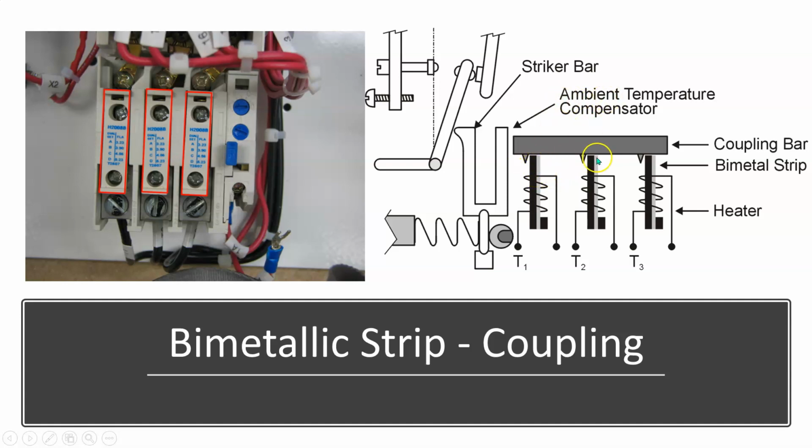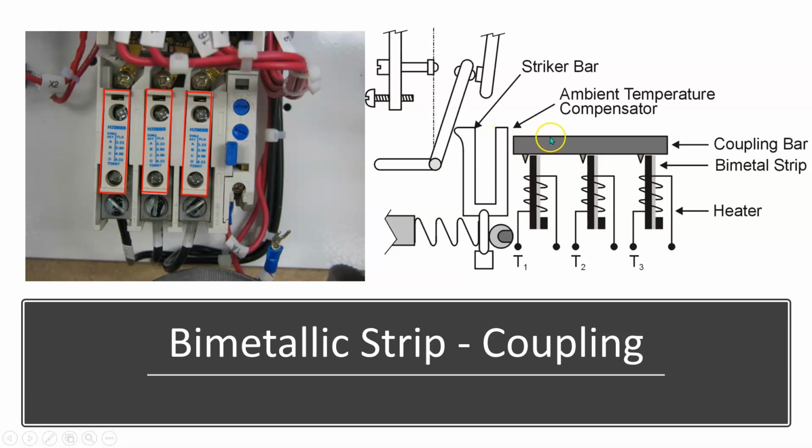So if any of these start to bend, they're going to push this coupling bar. They're going to hit the ambient temperature compensator, and this is where you can compensate for a higher ambient temperature. You can adjust it so it's not going to trip as easily.